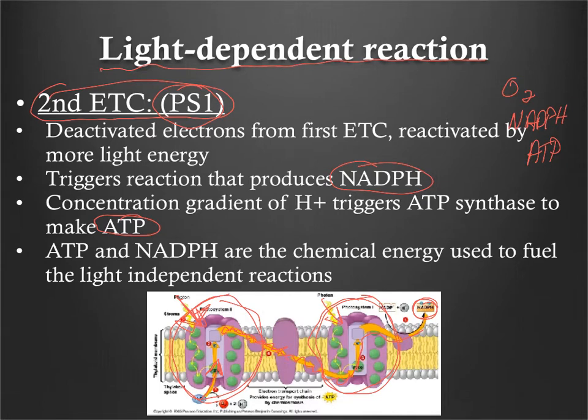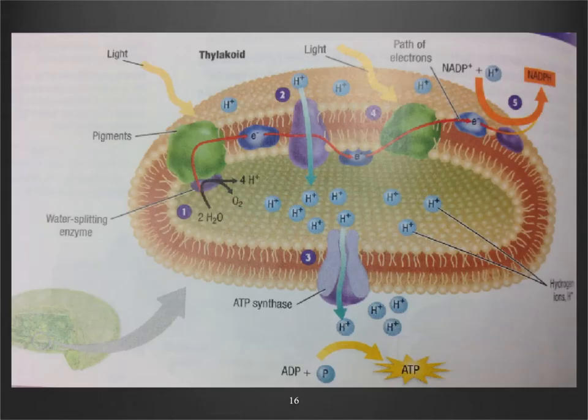These electrons travel down the electron transport chain until they hit photosystem 1. More light enters. They get re-excited and provide energy to make NADPH. This proton gradient or hydrogen ion gradient building up is going to cause ATP synthase to produce ATP. And then we get our three products of the light-dependent reactions of photosynthesis.